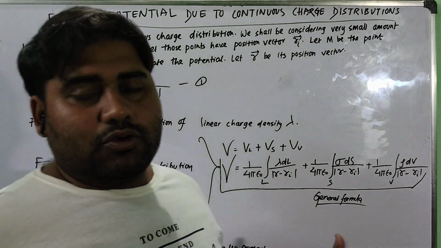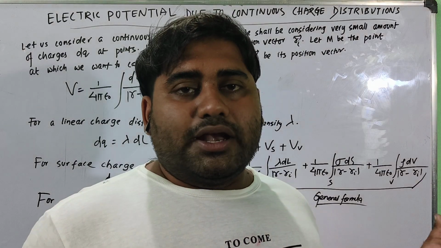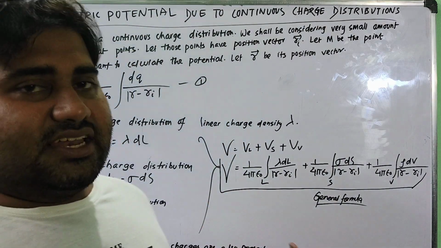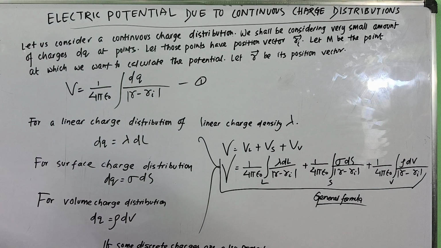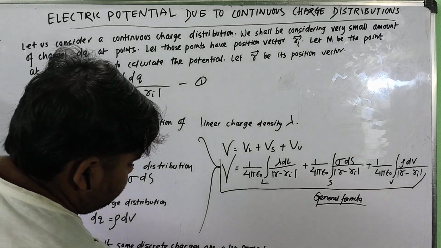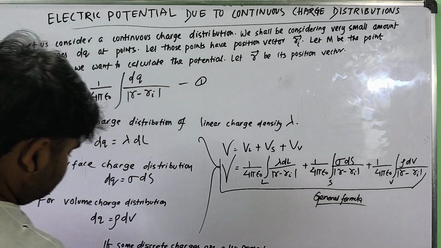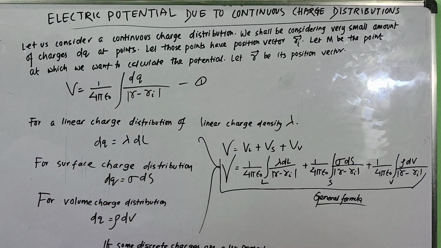You could have calculated the potential at point M due to these discrete charges earlier, and you can just add them separately. So V is equal to VL plus Vs plus Vv plus Vd. Vd is the potential due to this discrete system of charges.